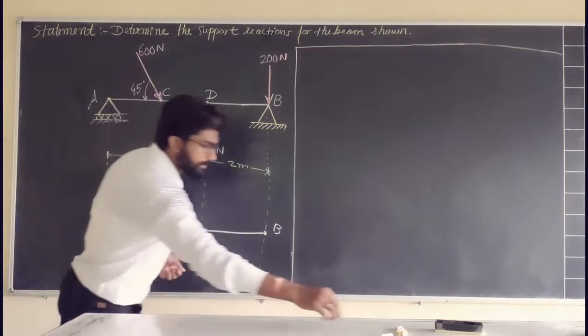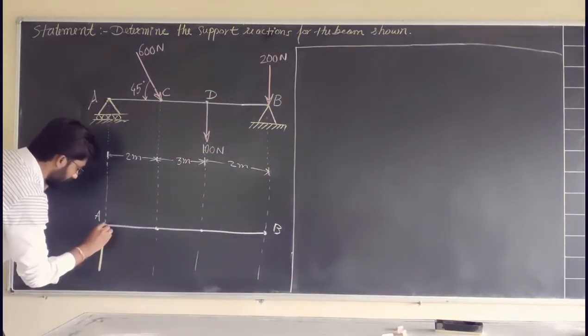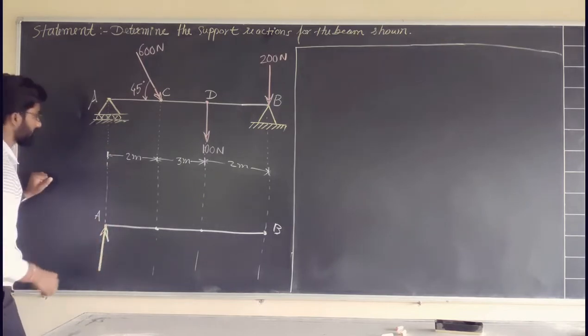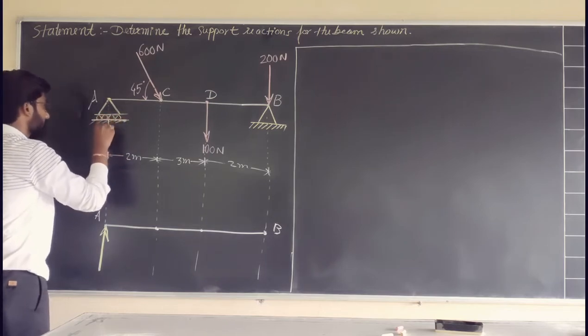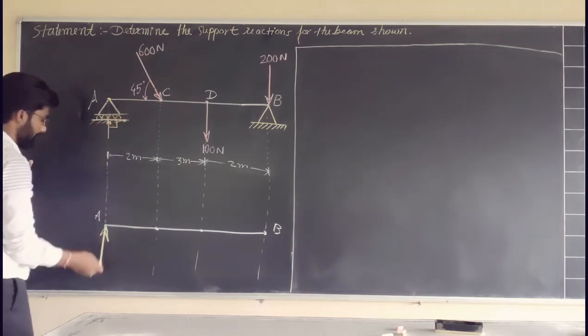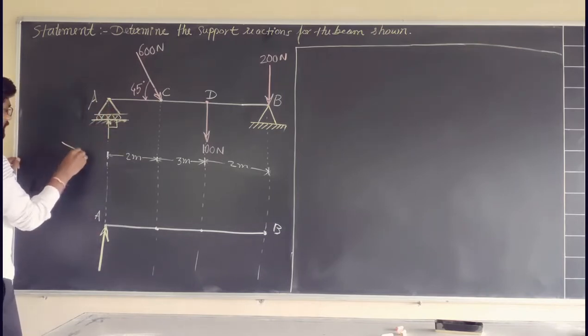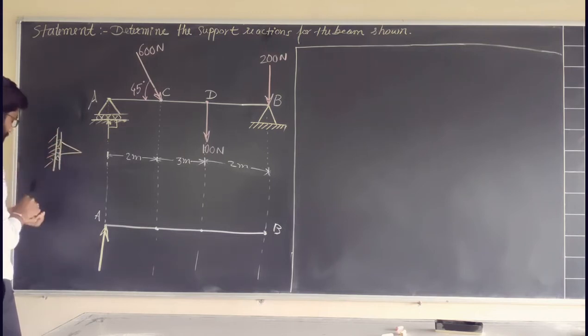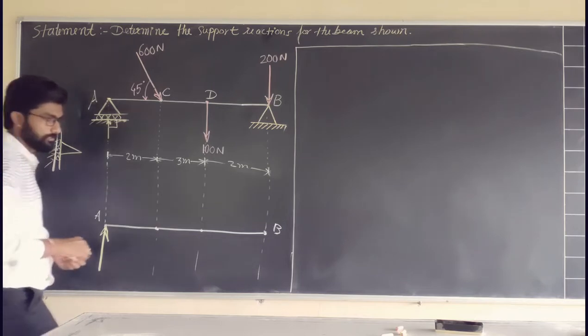First of all we will replace the roller support. We are all familiar that a roller support is replaced by a single reaction. Here the roller support is resting horizontally, so the reaction will be perpendicular to it. For example, if the roller support is resting vertically, the support reaction will be horizontal.